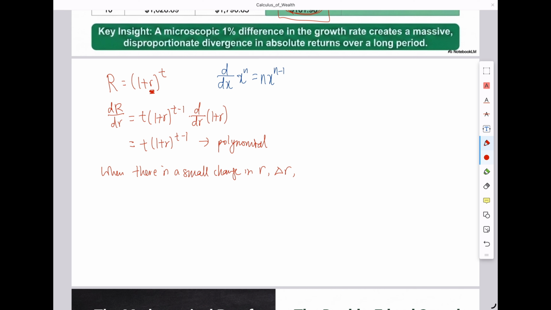My delta capital R equals dR/dr times delta r, which tells us that T times (1 plus r) to the power T minus 1, multiplied by delta r, will be my change in capital R. So you can see when I do a little increment of that delta r, the rate at which capital R is changing follows a polynomial. So my delta capital R changes as a constant multiplied by a polynomial function.